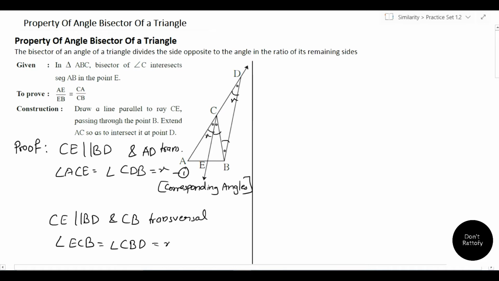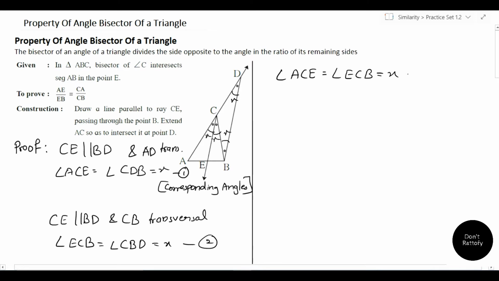This is also equal to x. You know why? Because in the given, I know that CE is the angle bisector. If CE is the angle bisector, then angle ACE is equal to angle ECB, which is equal to x again. From this I can say that these two angles are also x.